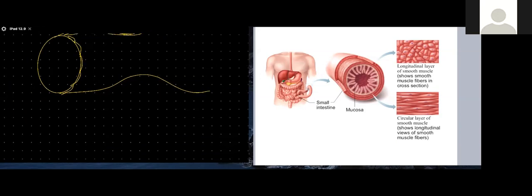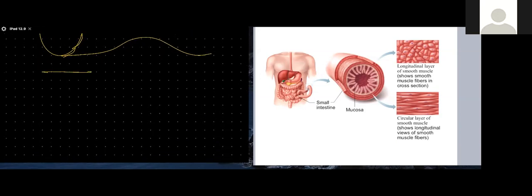So again, outside, you're going to have the longitudinal muscle layer. Inside, you're going to have the circular muscle layer.